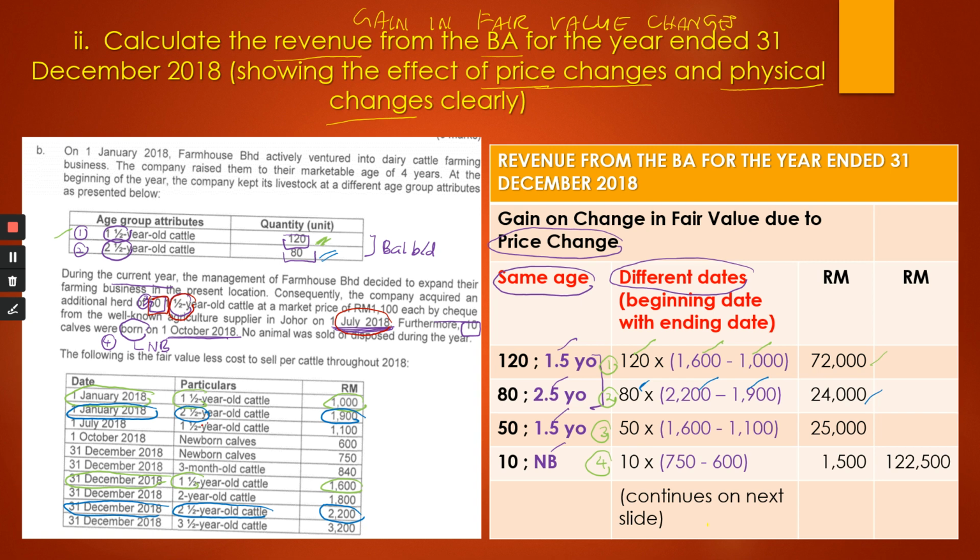So let's look at the price on 1st of July. Okay, 1,001, which is not beginning, on the date of acquisition. So this is on the date of acquisition. These two are on the beginning of the year. Right. So you will compare with 1.5-year-old, which is this one, right?